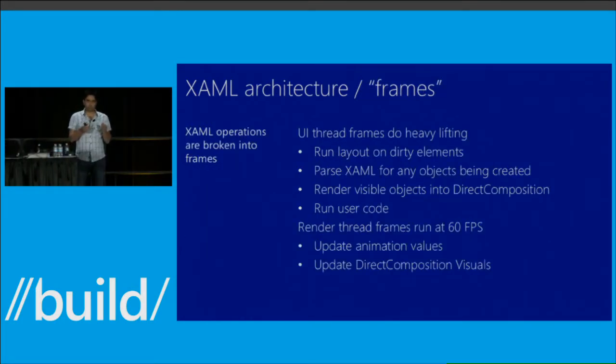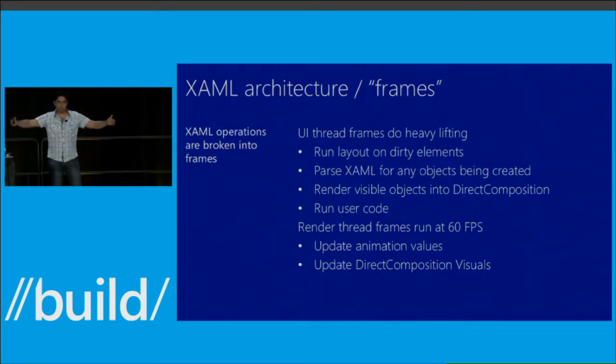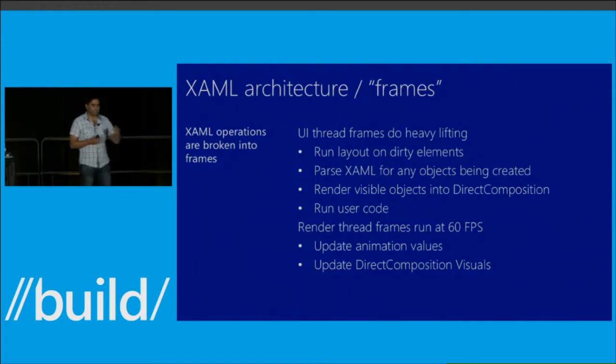Another thing to think about is what is happening during the lifetime of a process in the XAML application. The whole activity in the XAML application is broken down into frames. Anything which you see on the screen is a result of a frame. Either it is a UI thread frame or a render thread frame.